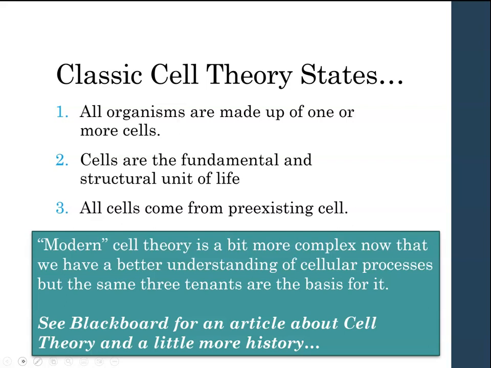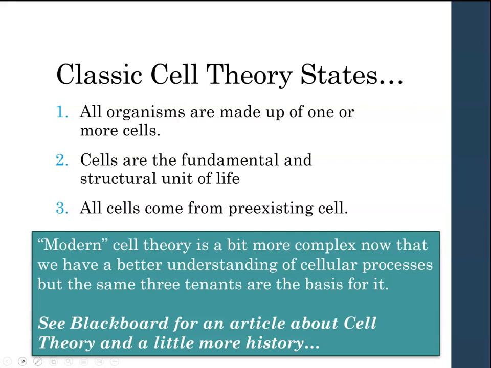With the cell theory, we get the idea that all organisms are made up of one or more cells. So anything smaller than a cell, an organelle, a virus, is not considered living. Viruses are their own kind of special, though. They have some characteristics of living cells, but they don't do all the things that cells do.